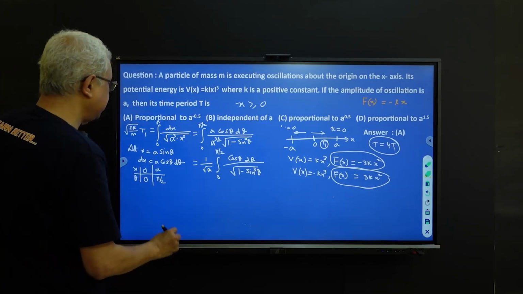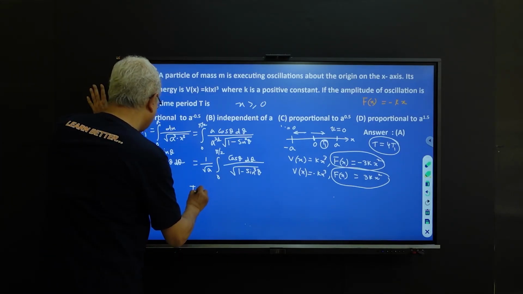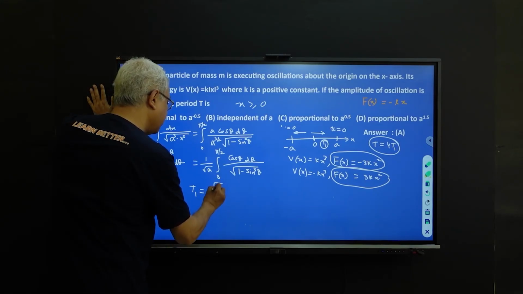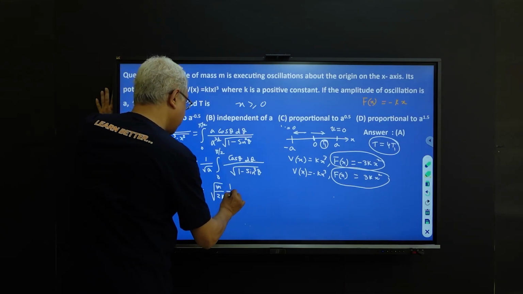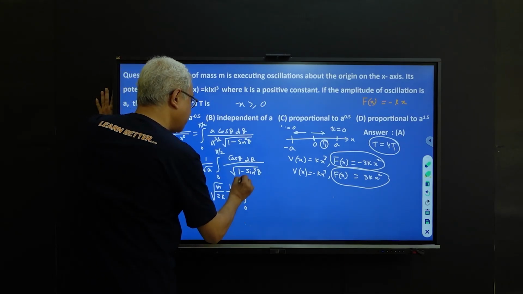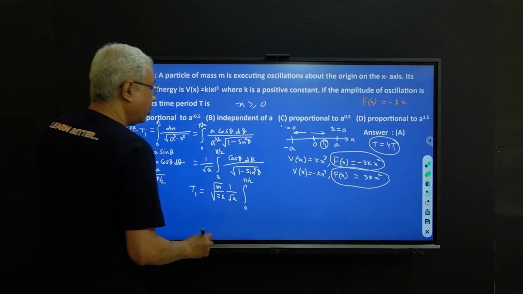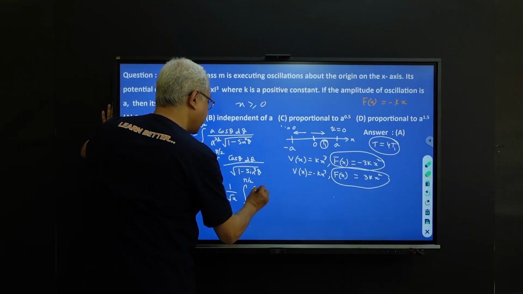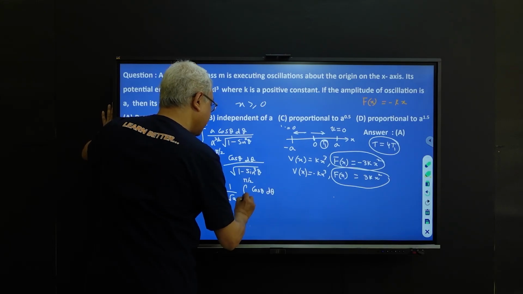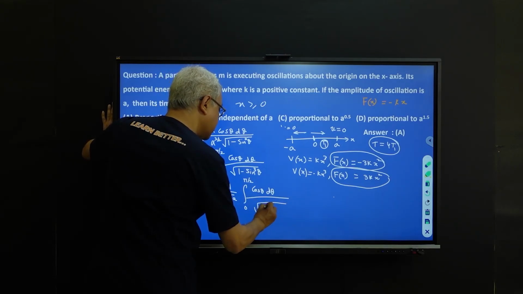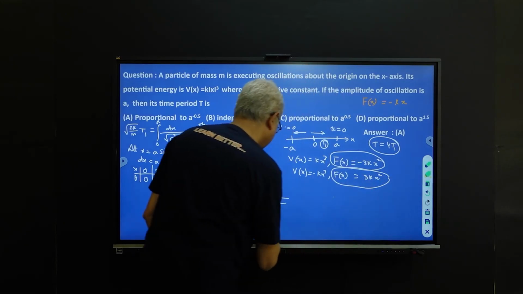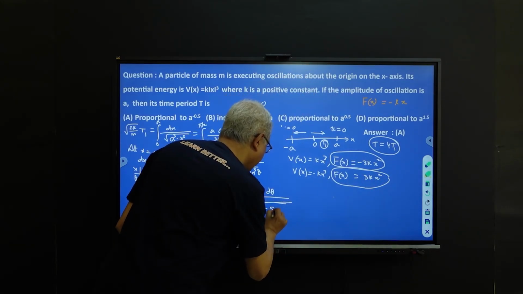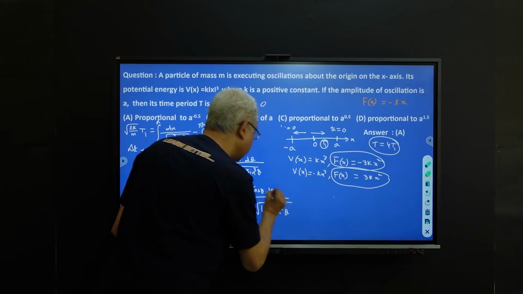So T1 becomes root over m by 2k, 1 by root a, integral 0 to pi by 2 cos theta d theta by 1 minus sin cube theta.